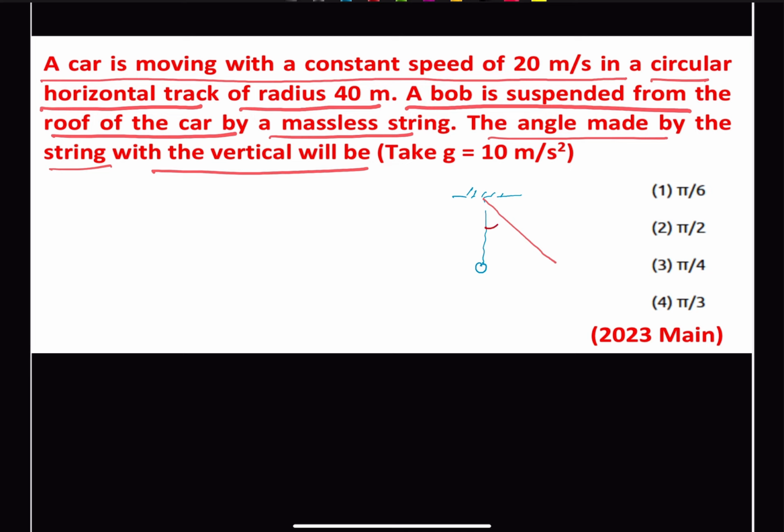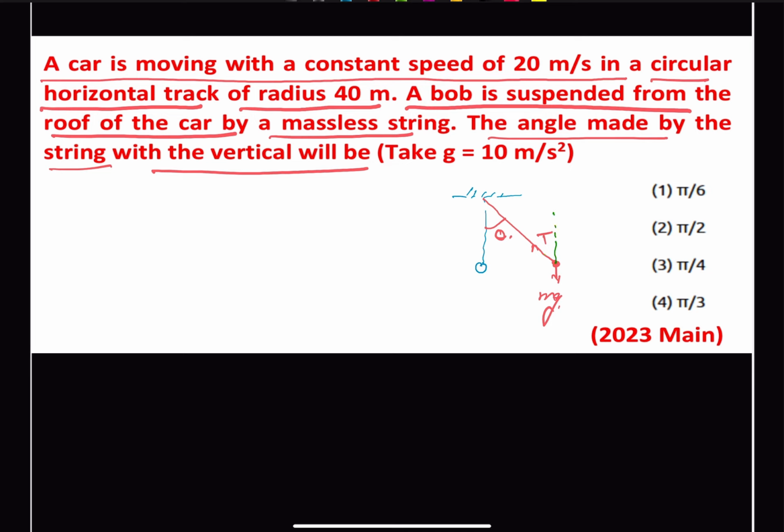Let us suppose this angle is theta, and under this condition in the downward direction we are going to have mg, and there will be tension T along the string. We can divide this tension T into two components.